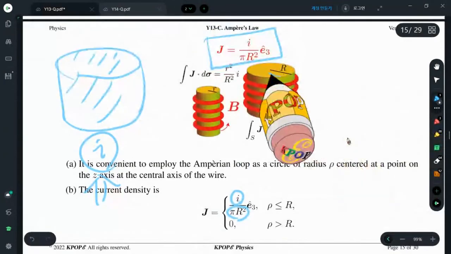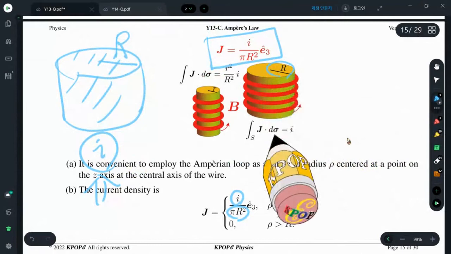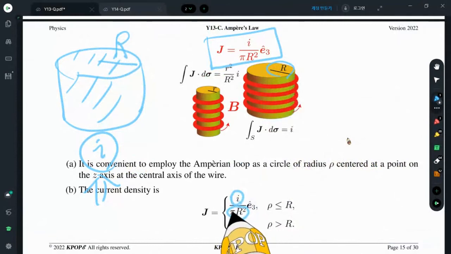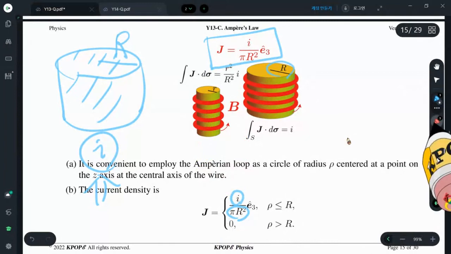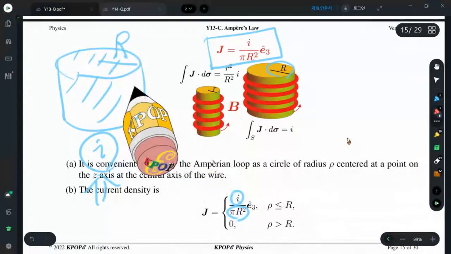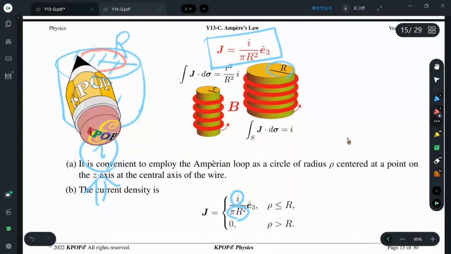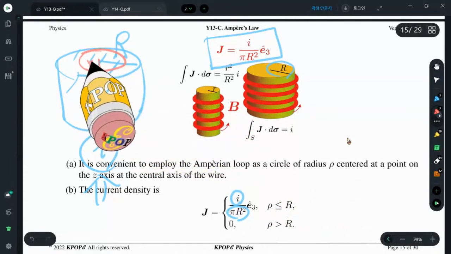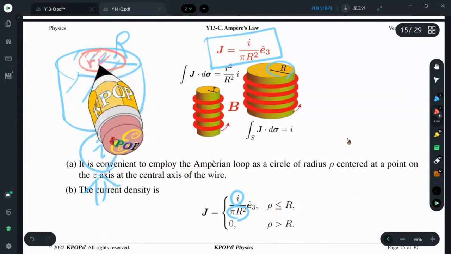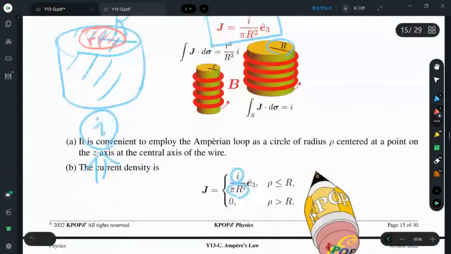If the radius is capital R, the amount of current can be evaluated depending on the cross-sectional area. For example, if we choose a circle of radius small r that is smaller than the capital R, what happens?